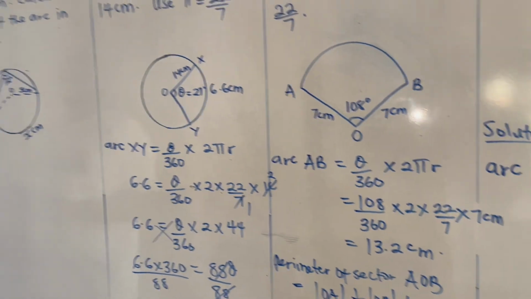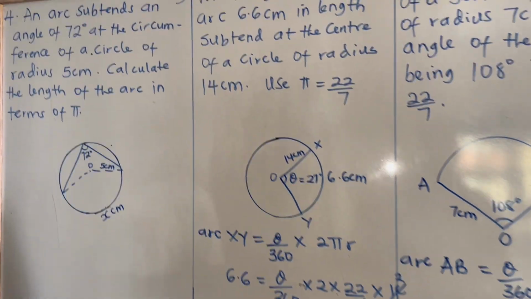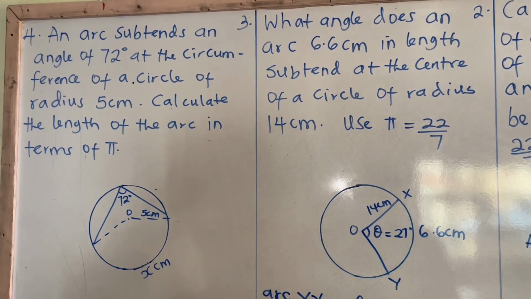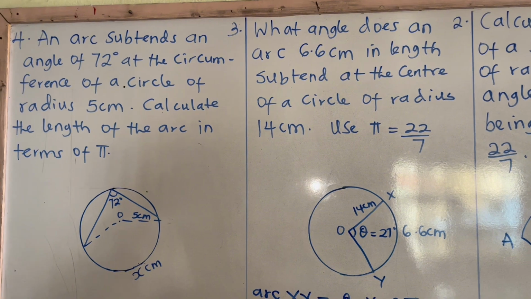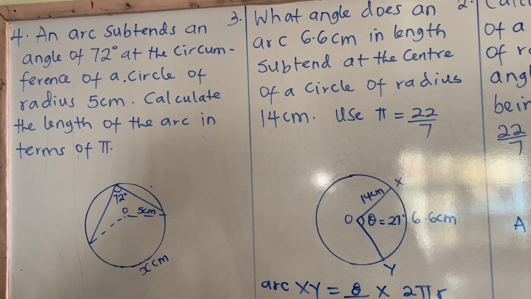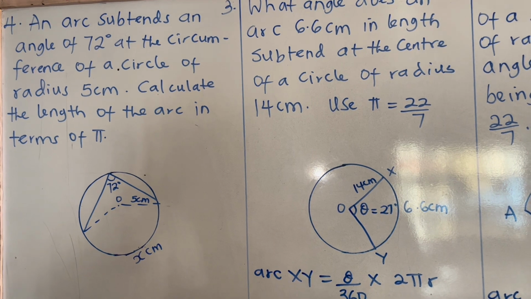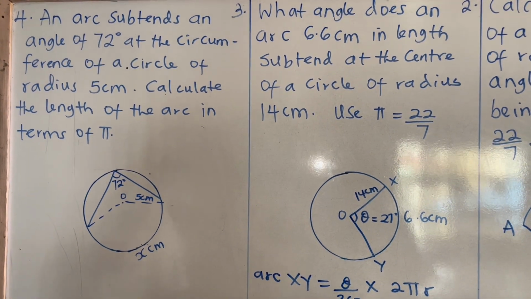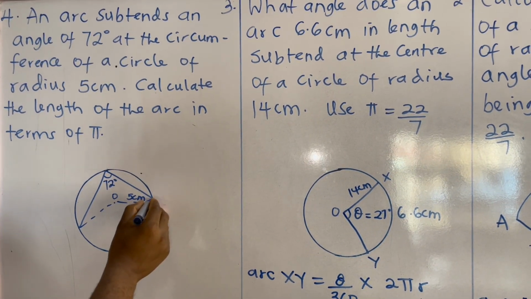Now the next question we have: an arc subtends an angle of 72 degrees at the circumference of a circle of radius 5 centimeters. Calculate the length of the arc in terms of pi. Now this diagram represents this.